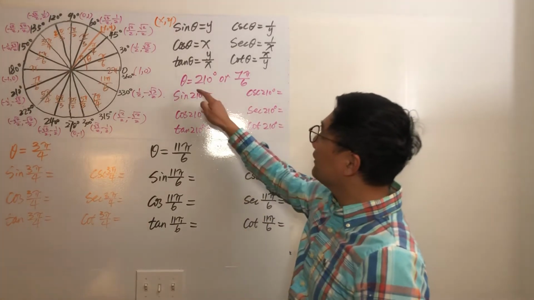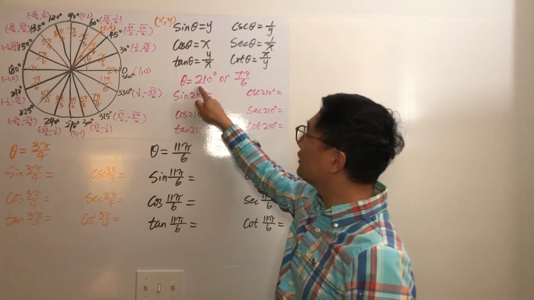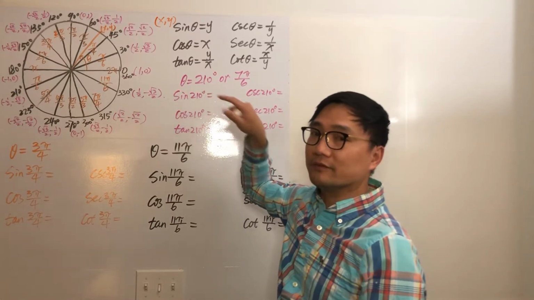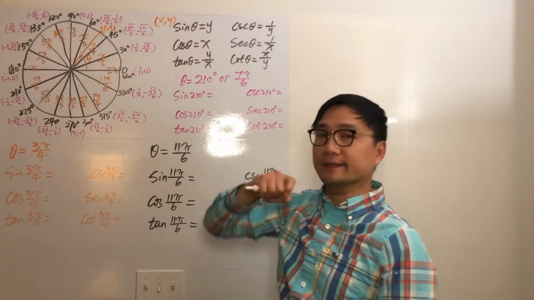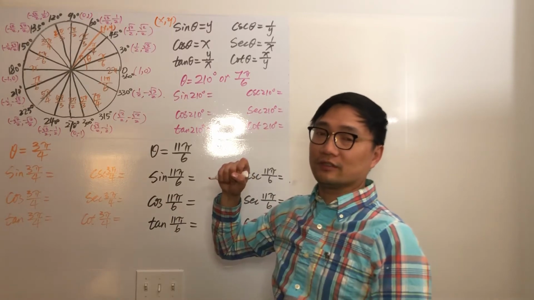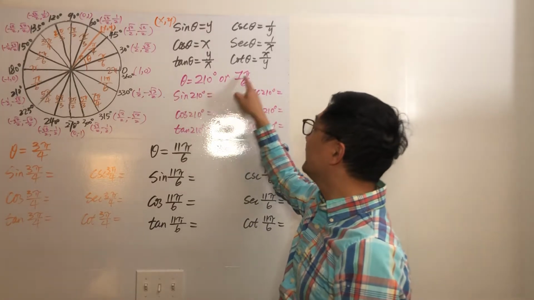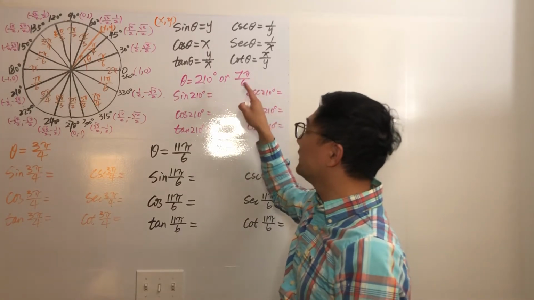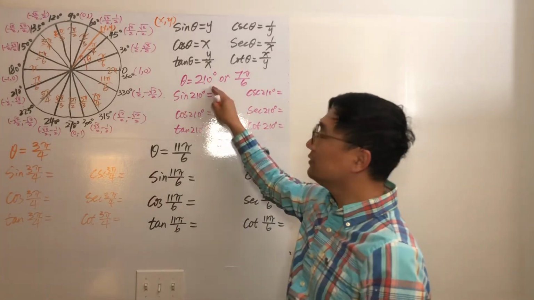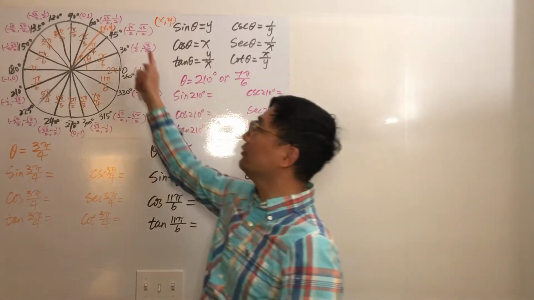Okay. Now I give you an example and also help you to finish the homework. For example, if theta is 210 degrees, and this time I also give you the angle in radians, how can we find the trig function value? 210 degrees is also 7 pi over 6. Whatever the angle is, the first step is to find the angle on the unit circle.